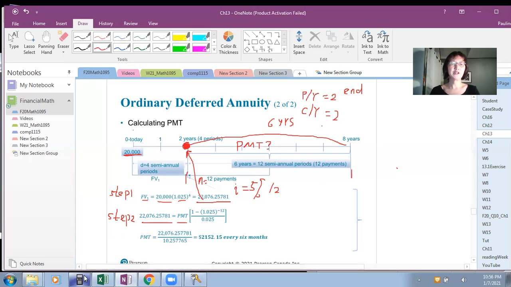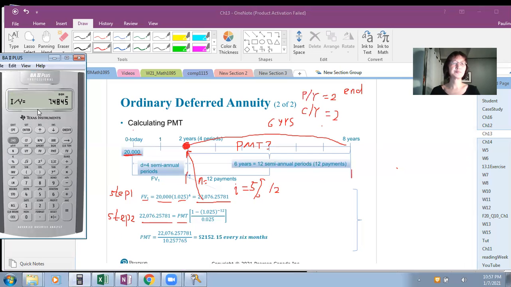So we set up the calculator. Second, quit to clear any previous entries. And then second, PY 2, Enter. Down arrow key, CY 2, Enter. Second, quit.